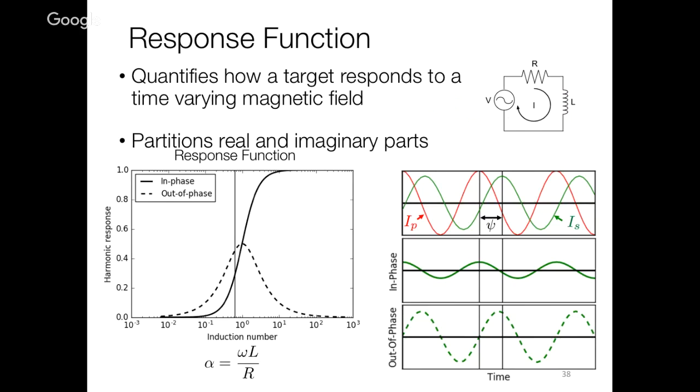Depending upon whether it's small or large, we get different kinds of partitioning. If alpha, the induction number, is really small, then most of the response is in the out-of-phase part. If the induction number is large, most of it is in the in-phase part. And this curve tells you how much of the response is in phase and how much is out of phase as a function of induction number.